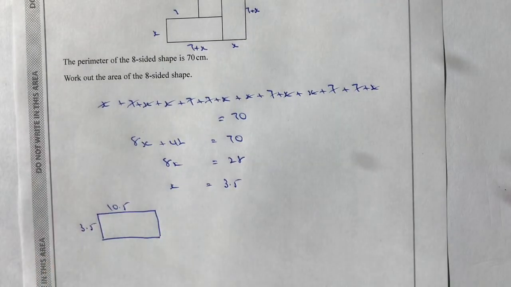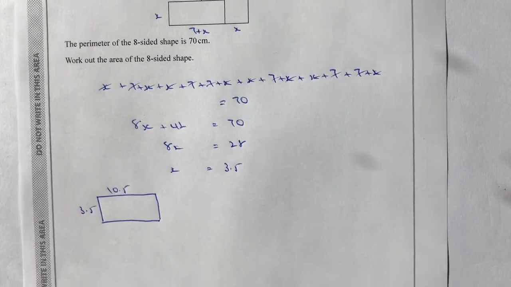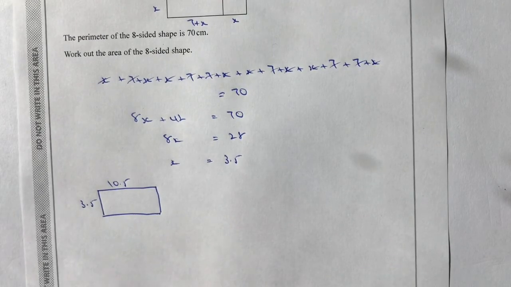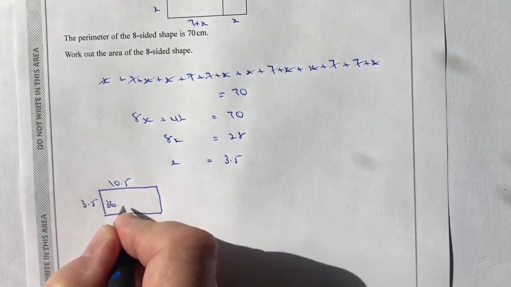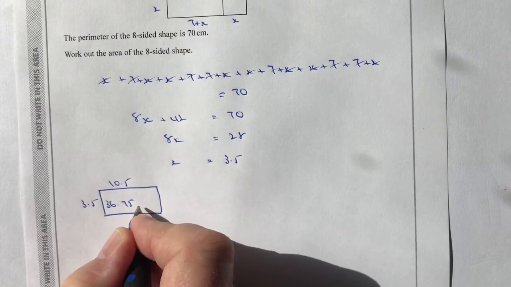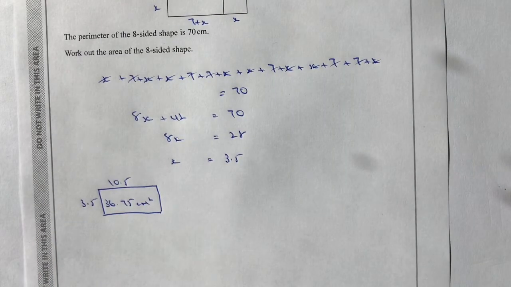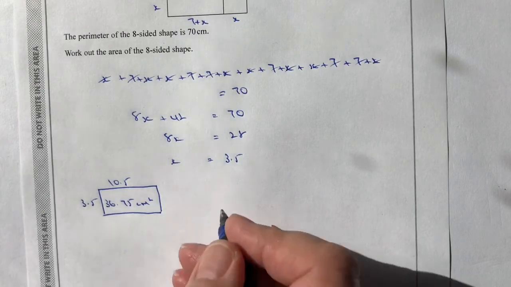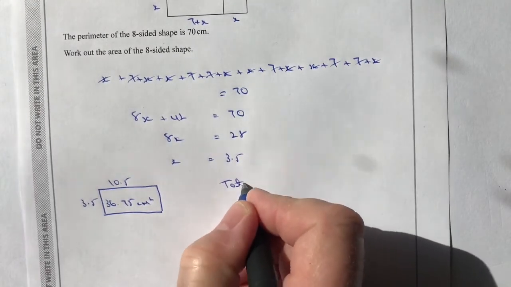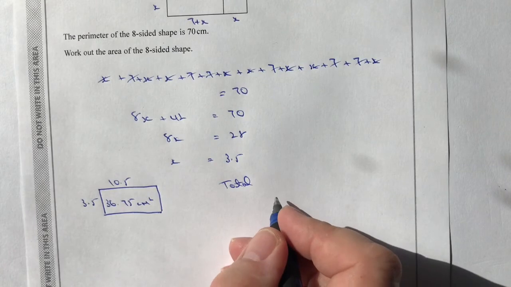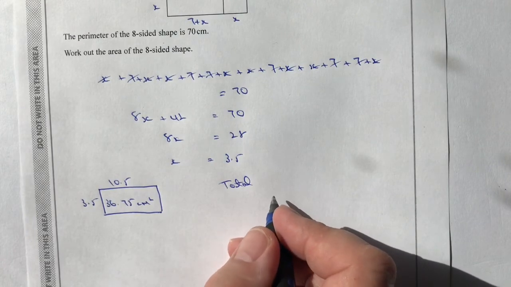Now if I multiply those two together to get the area, I'm going to get an area for each of 36.75 centimeters squared. Okay, now we know there's 8 of them, so therefore the total area is going to be 8 times 36.75, not 8 times, sorry, 4 times, yeah, 4 times.